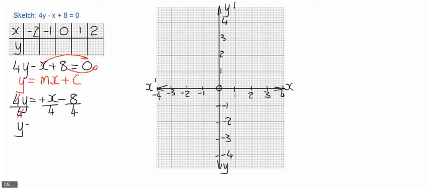So y is equal to x over 4, which is the same as 1x over 4, and this can be written as a quarter x. And then minus 8 divided by 4 will give me 2.